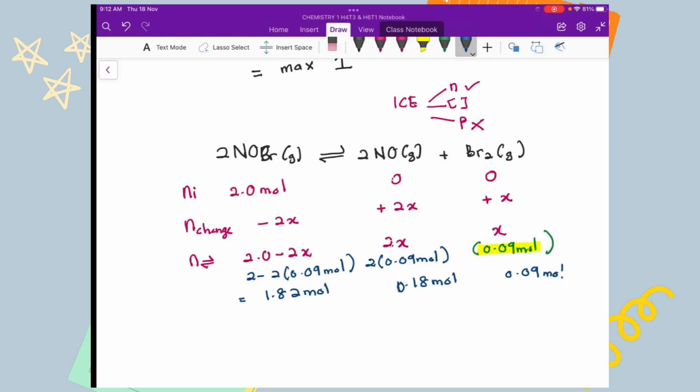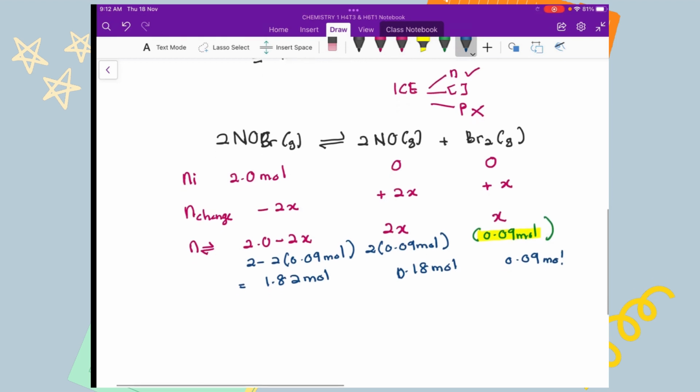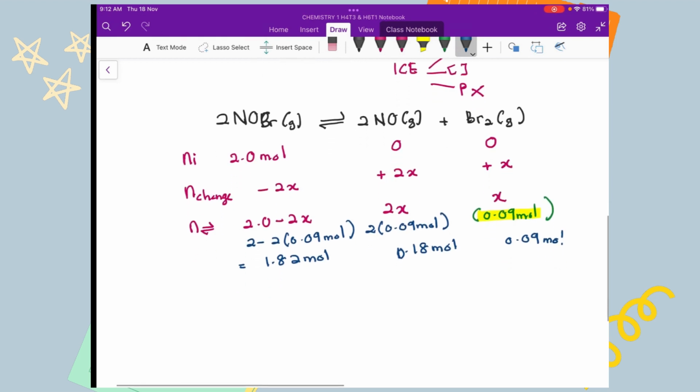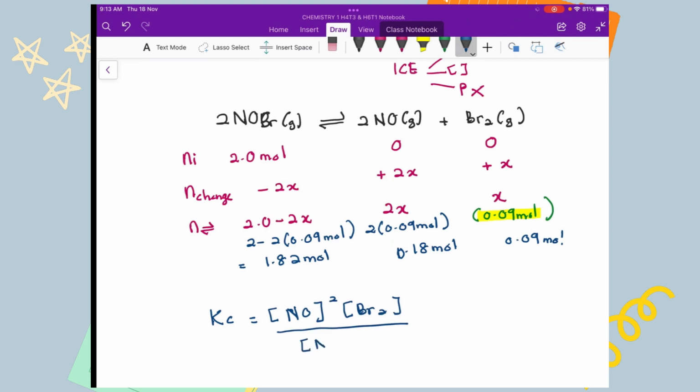But if we want to calculate the Kc, let me write the Kc expression first: NO, nitrogen monoxide squared, times Br2, over NOBr squared.